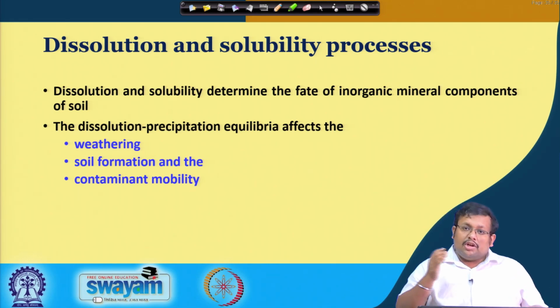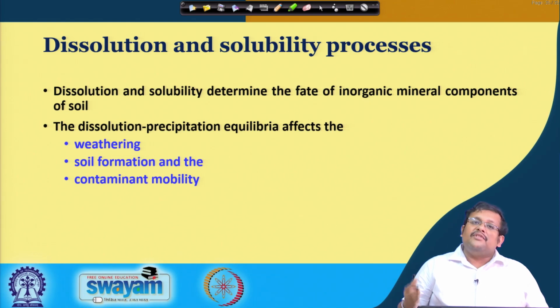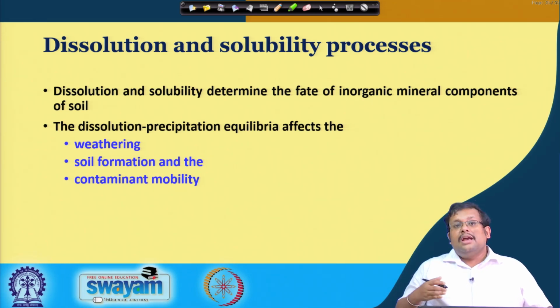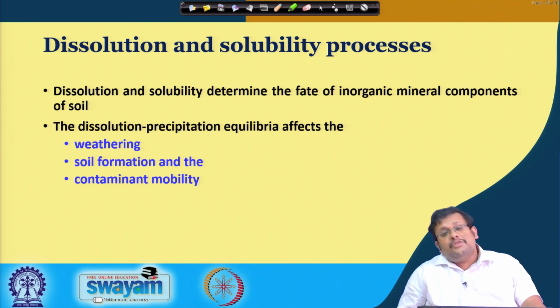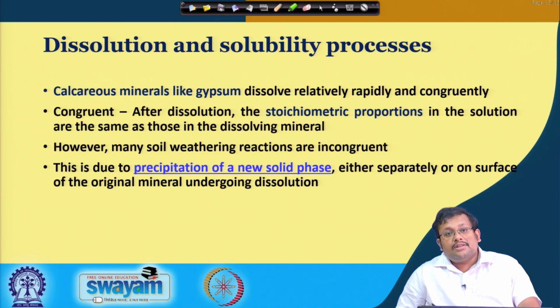Obviously, due to the solubility of different minerals, the weathering basically goes on, and when there is no further solubility of the mineral, obviously the weathering process stops there. Okay. And also soil formation basically depends on this dissolution and solubility and precipitation, and contaminant mobility also depends on this dissolution and solubility process.